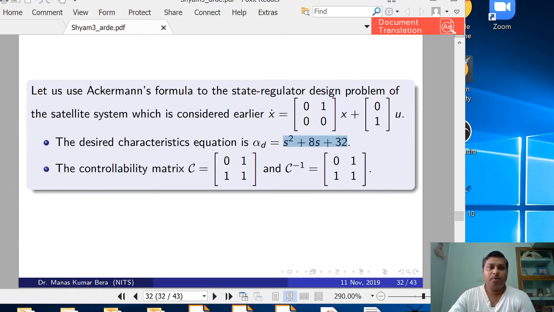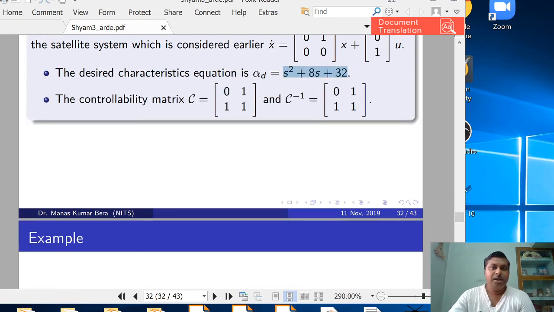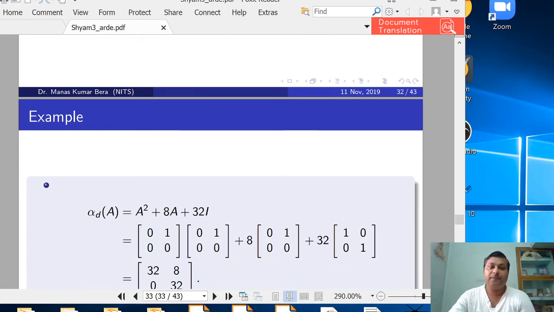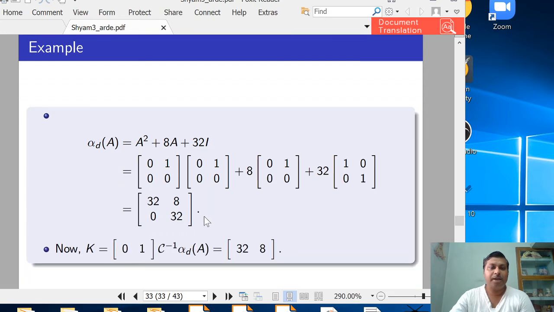Now for this system we have calculated the controllability matrix, and similarly we can calculate C inverse. If the polynomial is s square plus 8s plus 32, then we have to calculate alpha_d(A), so it is A square plus 8A plus 32I, which comes to 32 8 0 32.